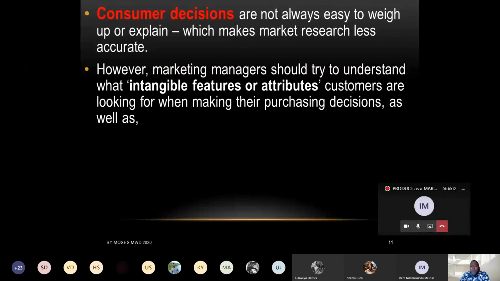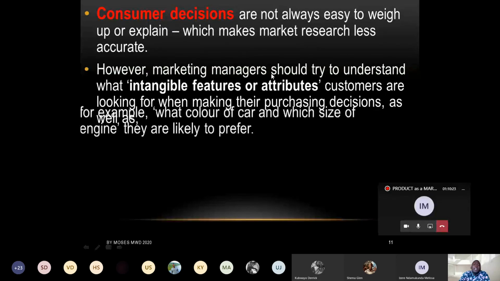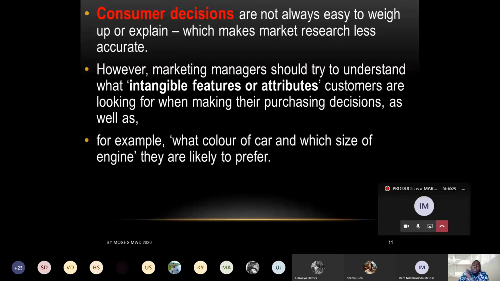So you should always try to observe, and that's where market research comes in. You should always try to get consumers' feedback about your products. For example, what color of a car and which size of an engine they are likely to prefer. Most of the cars I see around, most of them are white in color, then black follows.